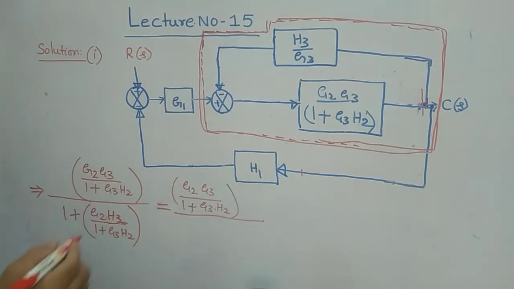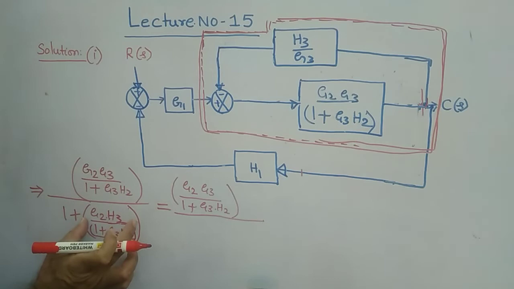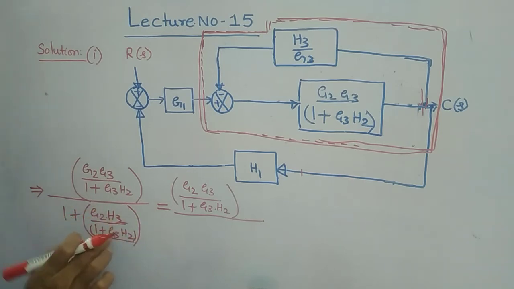Coming to the denominator, if you simplify this denominator part, 1 plus G2H3 by 1 plus G3H2, whatever product is there in the denominator, this is your numerator, this denominator.